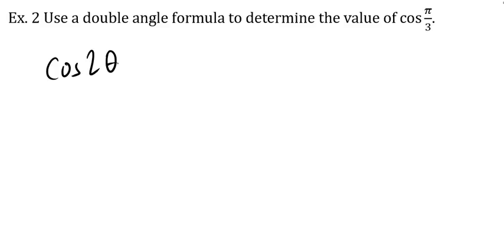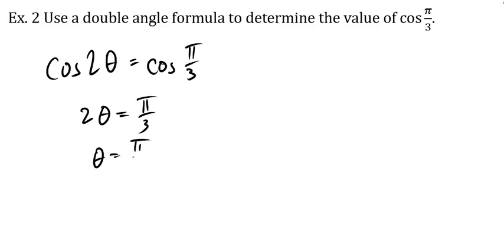Pi by 6. 2 times pi by 6 is pi by 3. So if I use pi by 6, I mean, you could kind of show this. This is not a thing that you have to do. It works. Nothing wrong with it. If I want cos of 2 theta to equal cos of pi by 3, if I took the arc cos, or the inverse cos, cos negative 1, the shift cos thing, then I would get this on both sides. So just like Vivian said, divide both sides by 2, and theta is pi by 6.